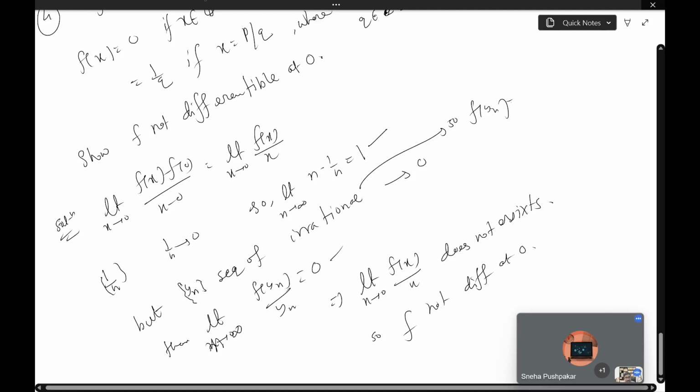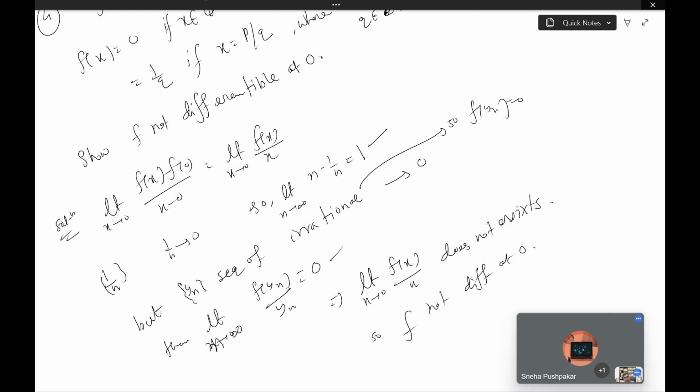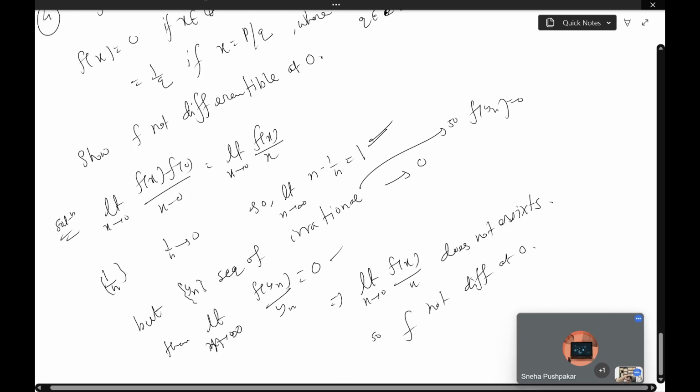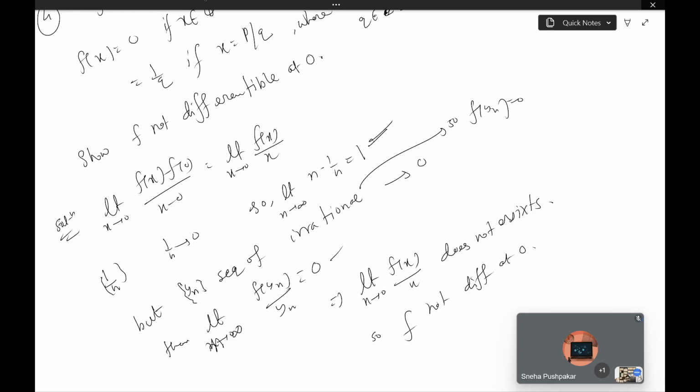Yes sir. So its limiting value f(yn) by yn goes to 0. But since one limiting value goes to 0 and another limiting value goes to 1, this limit x goes to 0 of f(x) by x does not exist. Yes sir, got it. Okay.